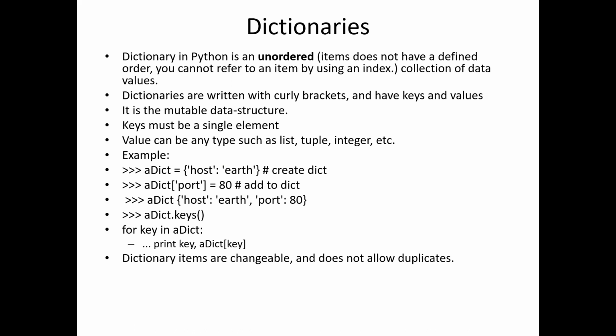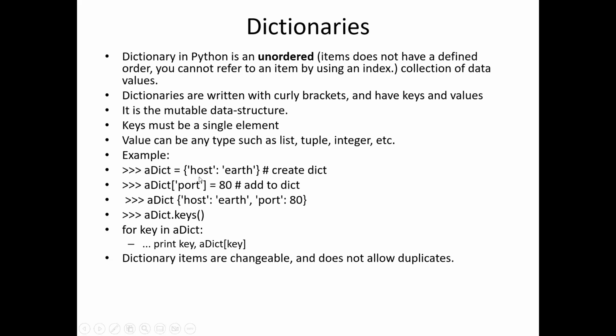Dictionaries are enclosed inside flower braces, and the key and the value are separated by a colon, and each element in the dictionary is separated by a comma. I'll repeat, the key and value are separated by a colon, and each element in the dictionary is separated using a comma.